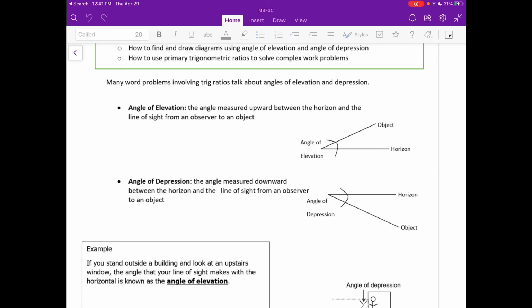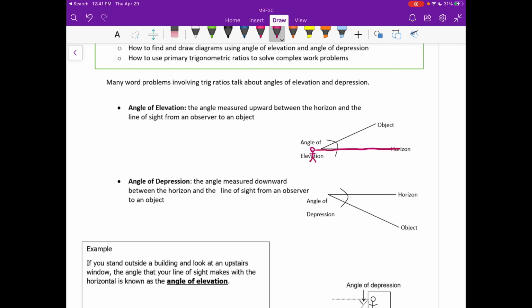How I like to remember angle of elevation versus angle of depression is that an angle of elevation is always an angle that measures upwards between the horizon or the line of sight of the observer to an object. So if you were this person standing here, your line of sight is always going to be this straight line. So that's the horizon, right?